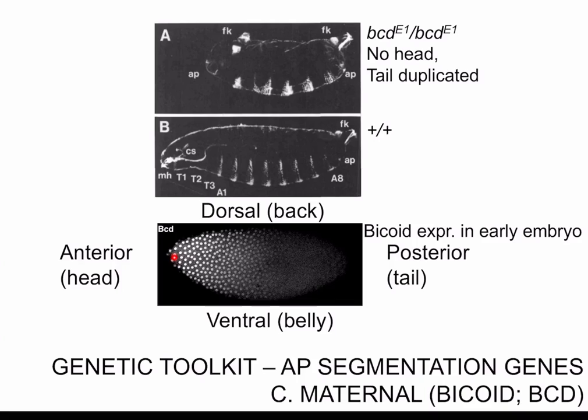But this mRNA is not actually produced by transcription in the embryo, but by transcription that occurs in the mother during gametogenesis, during oogenesis. And it is the mother that deposits bicoid mRNA in the anterior tip of the embryo, and that mRNA is translated into protein, and the protein diffuses out from the head to the tail, from anterior to posterior, progressively reducing in concentration.